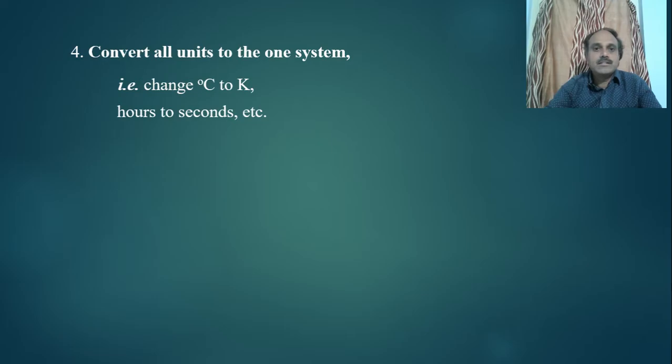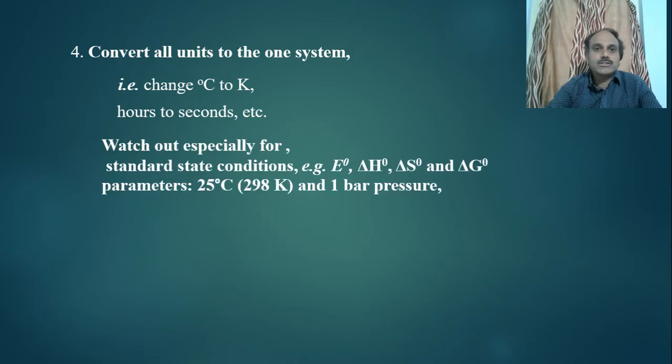For example, if there is degree Celsius, convert it into Kelvin. If time is in hours, convert it into seconds. In the equation, whether in the numerator or denominator, you should maintain the consistency of the units of the values.